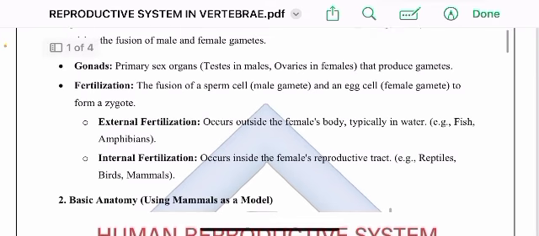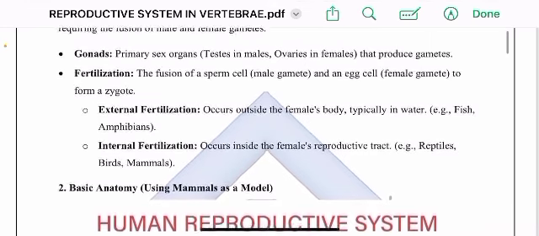Let's imagine it as an equation whereby the female gamete, which involves an egg cell, and the male gamete, which involves a sperm cell, undergo fusion, that's coming together, and form a zygote.